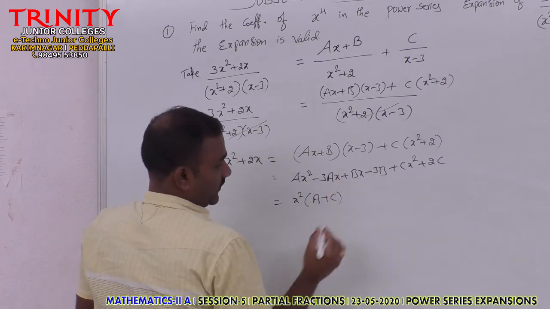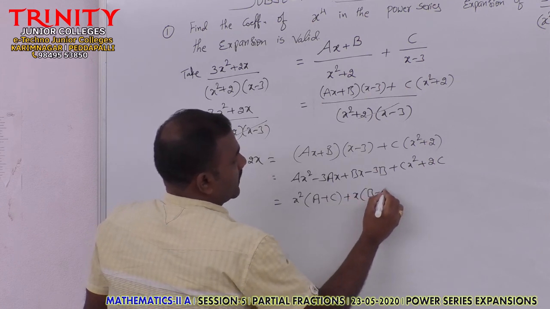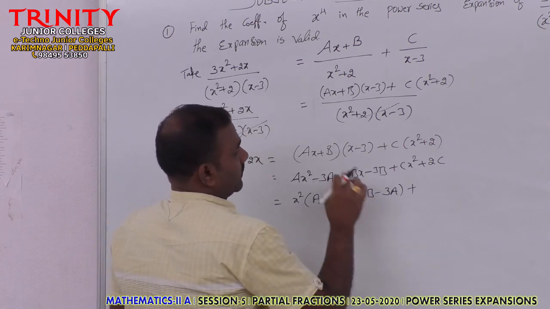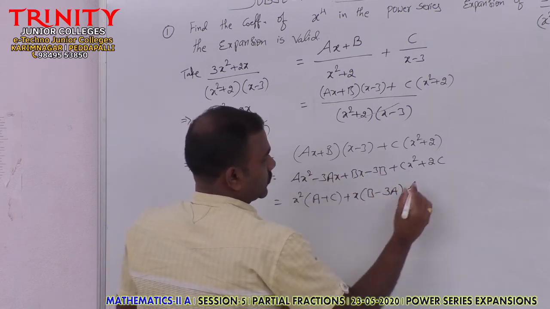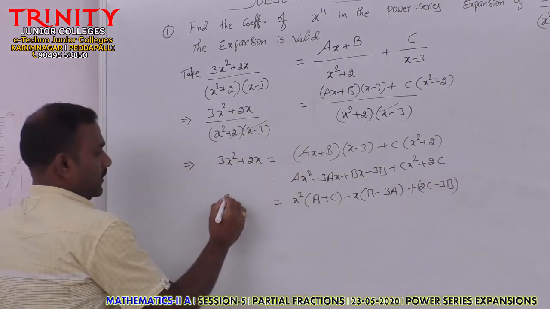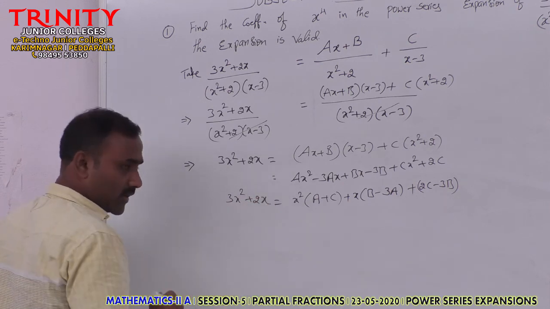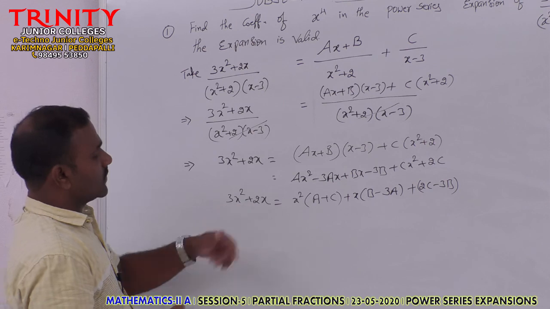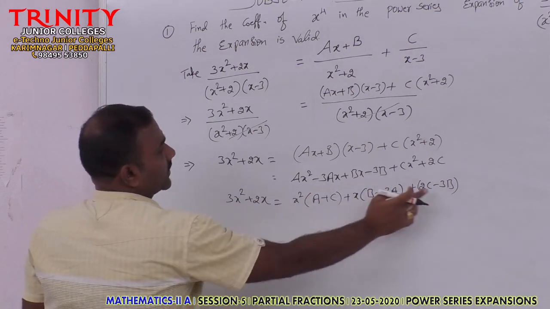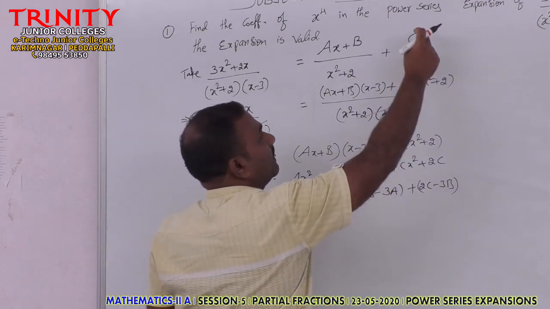Next the x coefficient is b minus 3a. Next the constant is 2c minus 3b, which equals the constant in 3x square plus 2x. Now comparing on both sides, we will get the values. Before doing that, we can do one thing also.